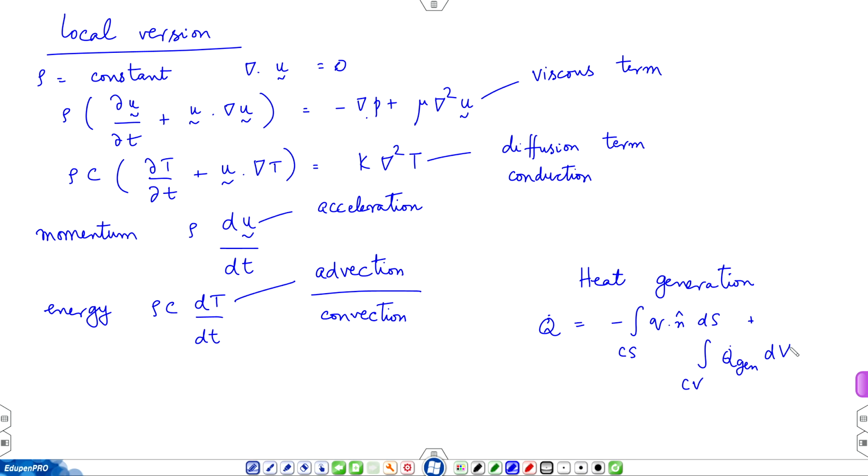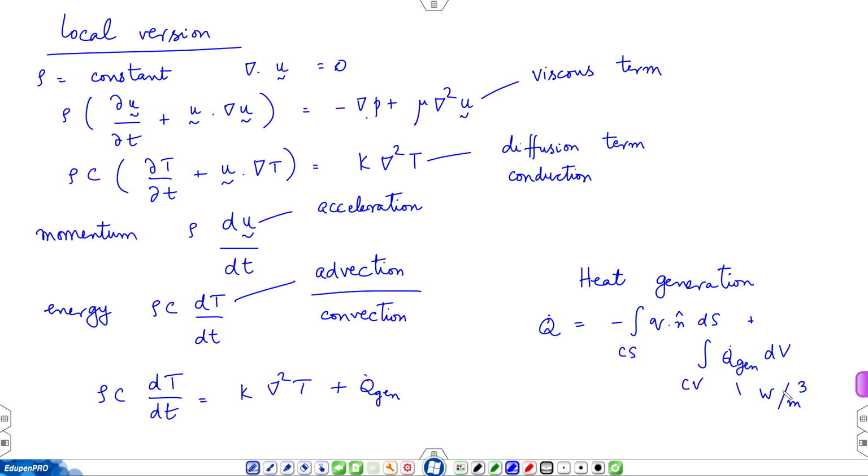So, in that case, the energy equation will be rewritten, and this Q gen will have units of watts per meter cube. So, it is a slightly revised form of the energy equation.